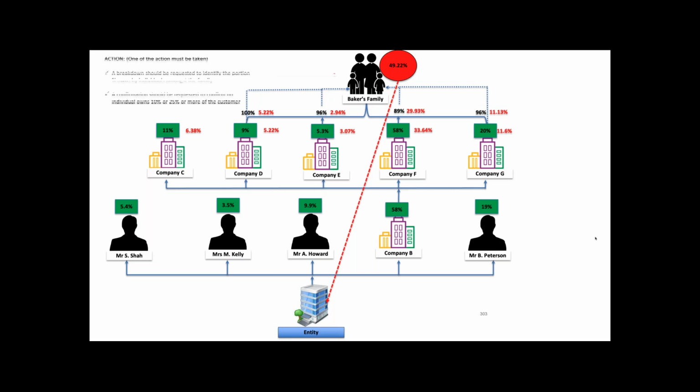In this case, you would have to request a breakdown of the percentage held by each individual in the family, or a confirmation from a third party, for example a solicitor or accountant, confirming that no individual owns 25% or more of that entity. You need one of those: a breakdown, or an attestation from an independent third party. Does that make any sense?